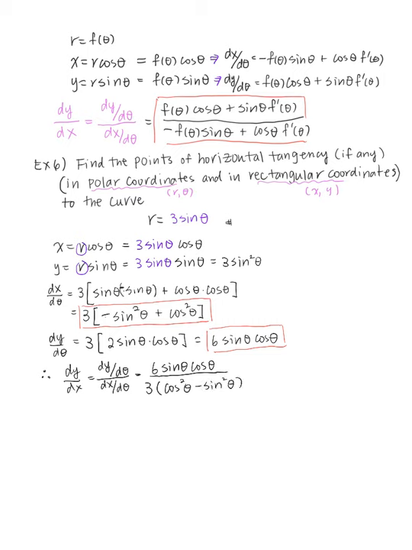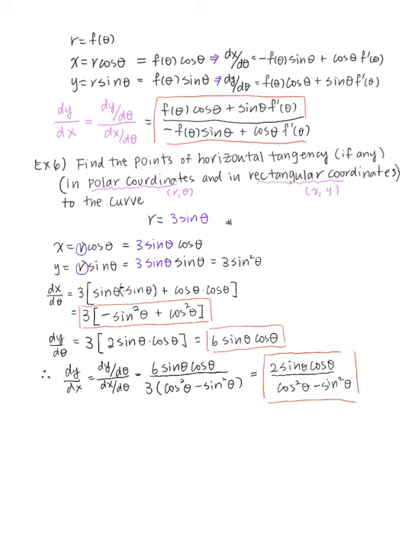Now let's simplify a little bit. We get 2 sine theta cosine of theta, the whole thing over cosine square of theta minus sine square of theta. Boom, so that is our dy over dx. I'm going to box this.